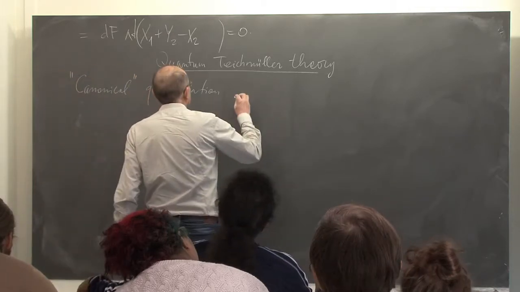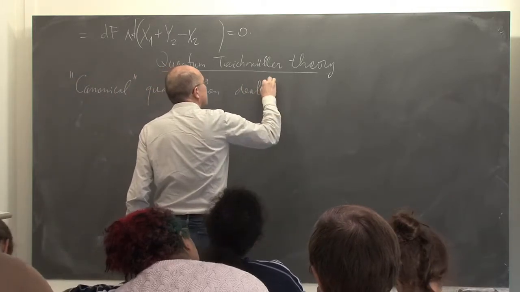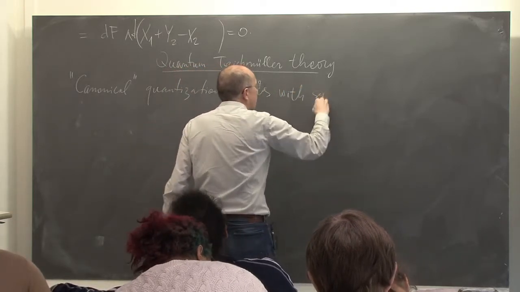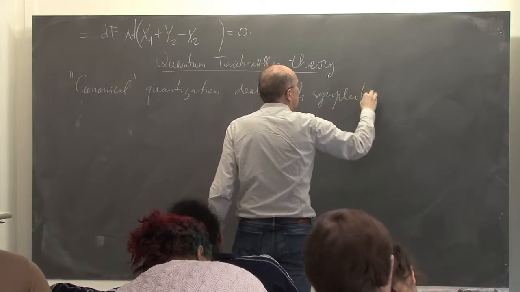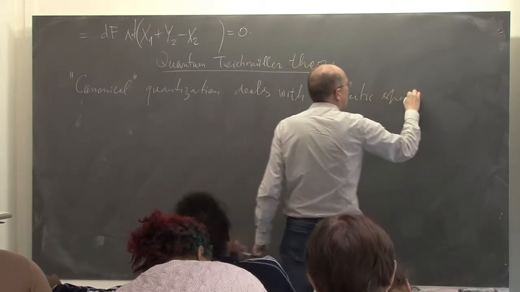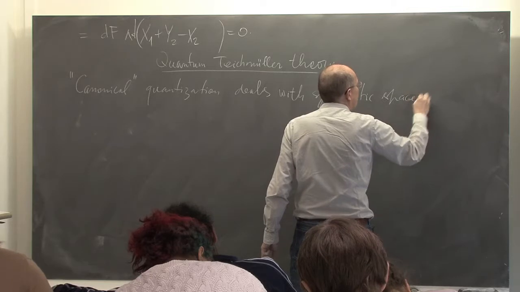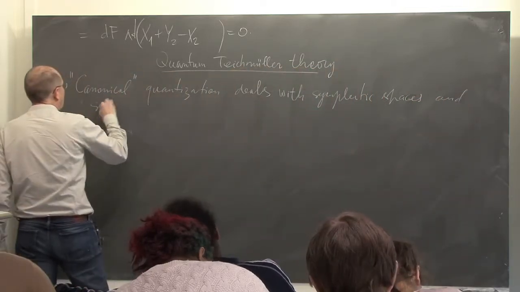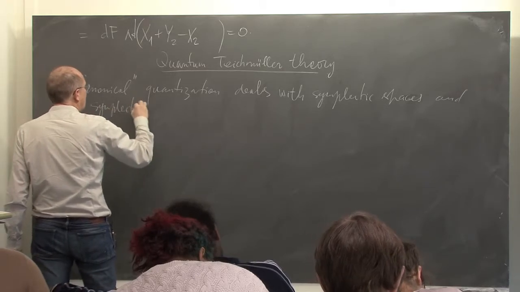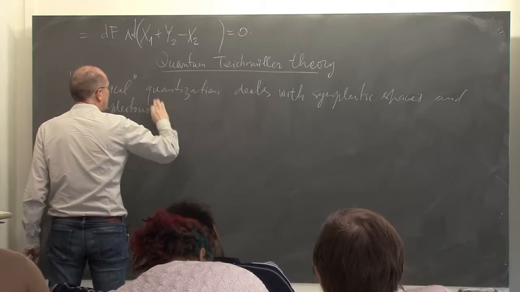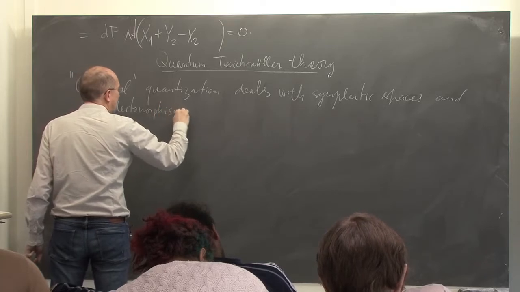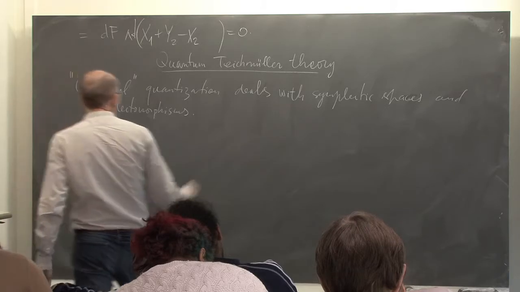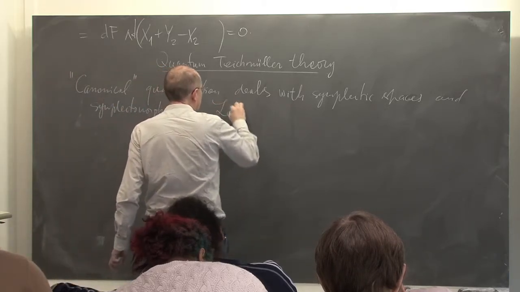So the canonical quantization deals with symplectic spaces and symplectomorphisms. Okay, so assume that we have a symplectic space.